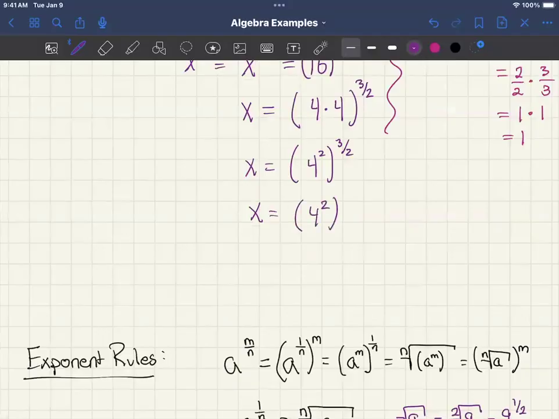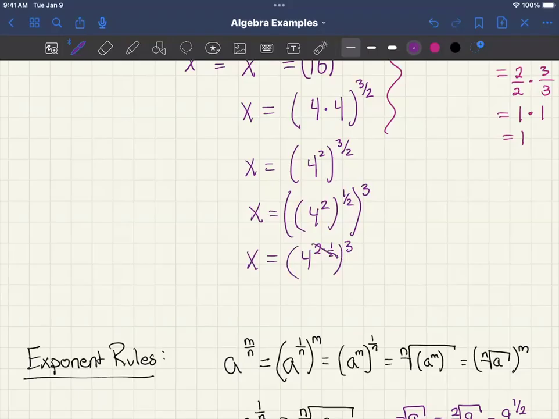Remember, we can break up our exponents in whatever way we want. So I'm going to take the 1/2 and then I'm going to split the 1/2 away from the 3. So now we have 4, and we're going to take that 2 times 1/2, to the third.